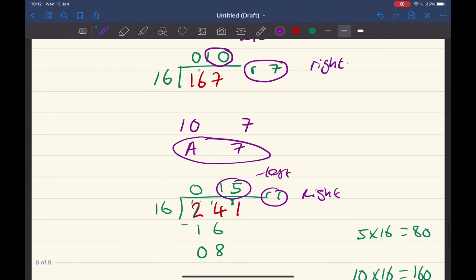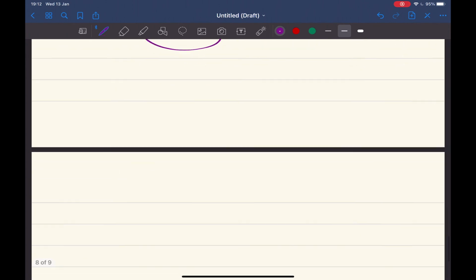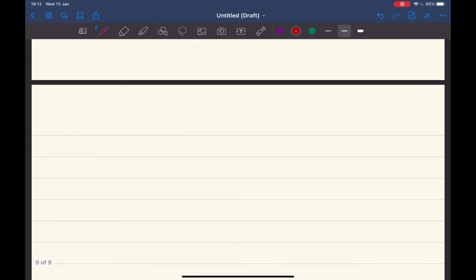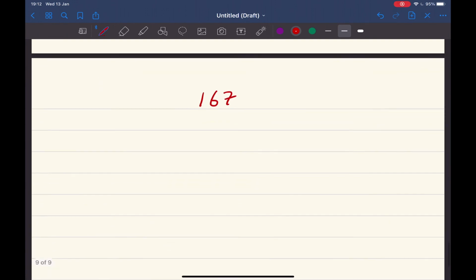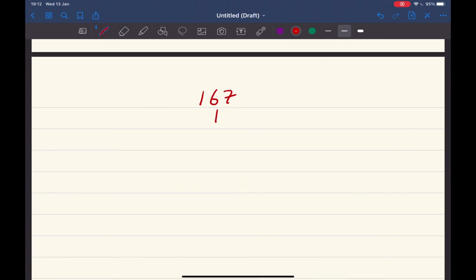So let's have a look at the other way, and we'll use the same example. So 167, and what we do is we take the number 167, we convert this into binary, so we do the 128. Does it fit in? Yes, so it becomes a 1. So 167 minus 128. We can't do that, so we borrow 1.